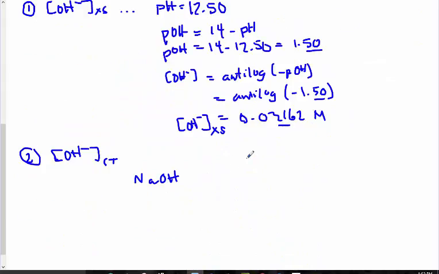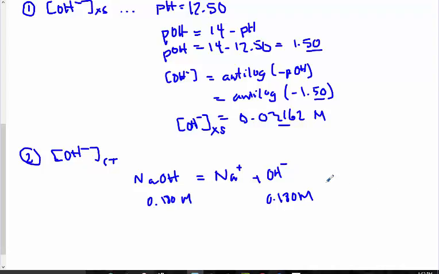I'm going to write that underneath, 0.180 moles per liter. And I can just dissociate this strong base. It's going to give me sodium ion and hydroxide ion in a 1:1:1 ratio, so that means I also have 0.180 moles per liter of hydroxide initially.